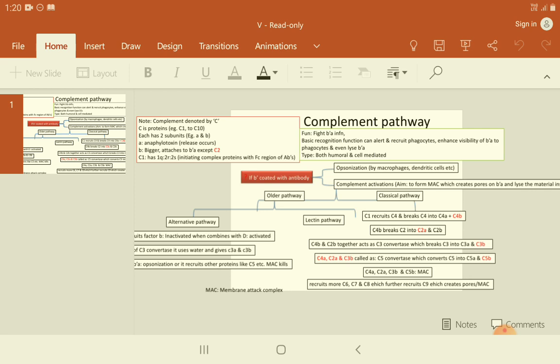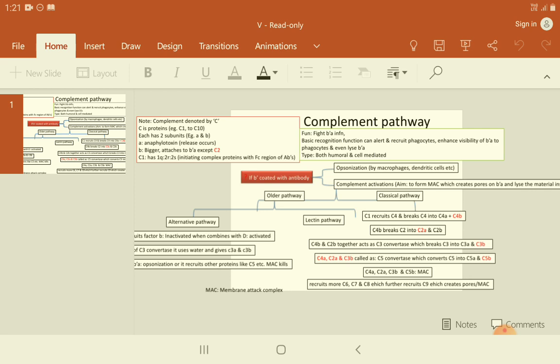Suppose any bacteria is there, so what will be the fate of that bacteria? It requires antibodies to be coated on it, and only then will the bacteria either be opsonized or lysed by the complement pathway.